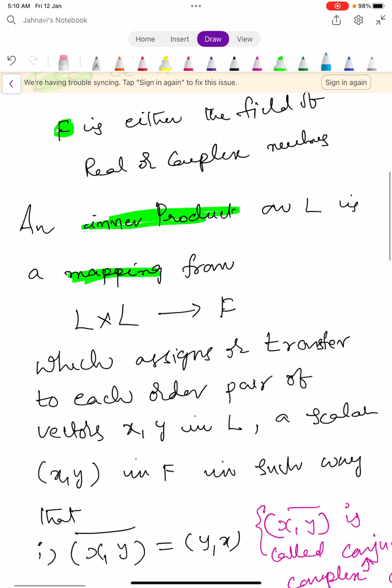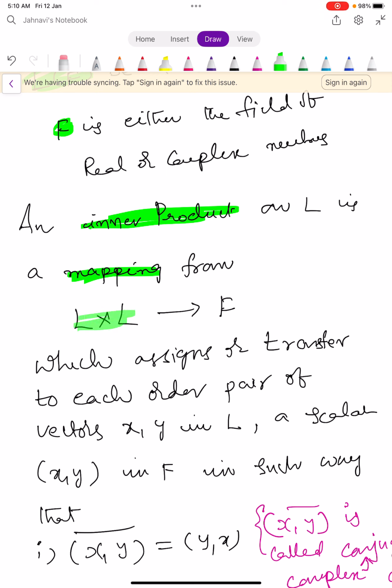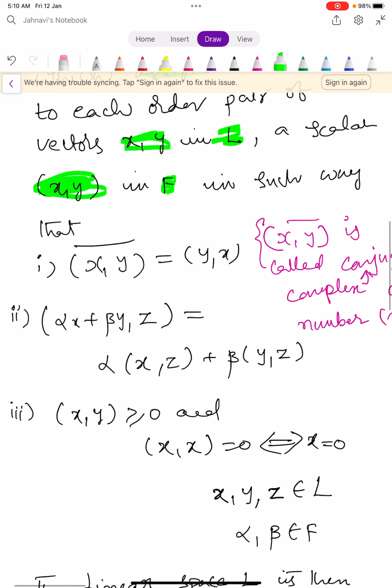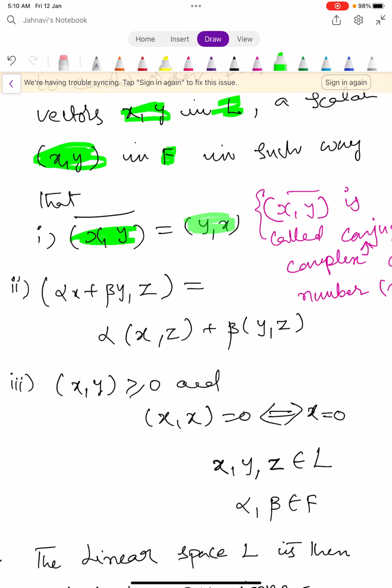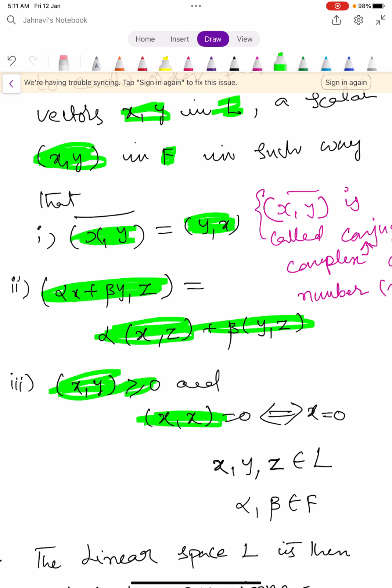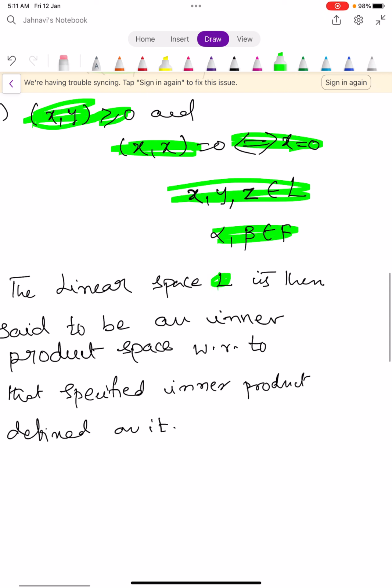So, an inner product on capital L is a function defined from L cross L into capital F, where L cross L means the Cartesian product of L with itself, which assigns to each ordered pair of vectors (x, y) in capital L a scalar (x, y) in capital F in such a way that it satisfies three conditions: the conjugate of (x, y) is equal to (y, x); (alpha x plus beta y, z) is equal to alpha into (x, z) plus beta into (y, z); (x, x) is greater than or equal to 0, and (x, x) is equal to 0 if and only if x is equal to 0, where x, y, z belong to L and alpha, beta belong to the field capital F. The linear space L is said to be an inner product space with respect to this specified inner product defined on it.